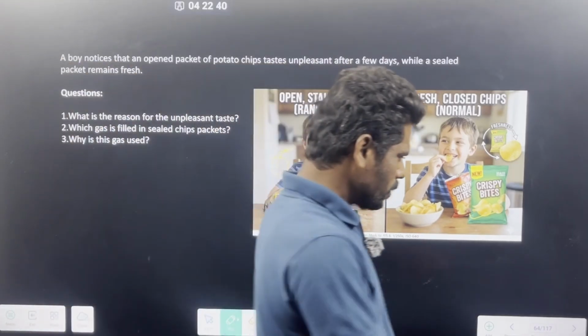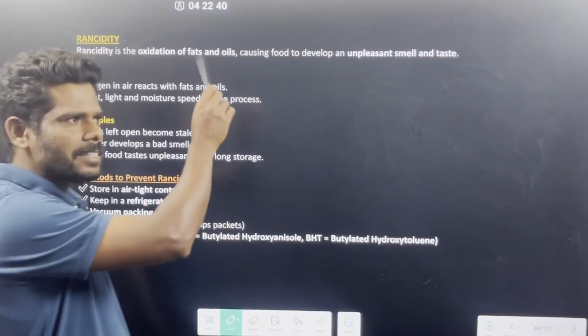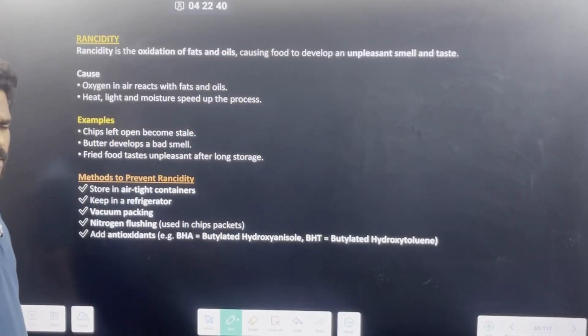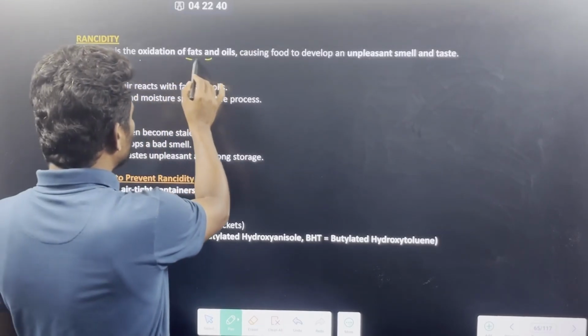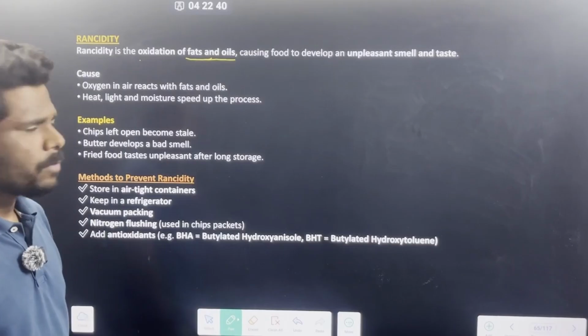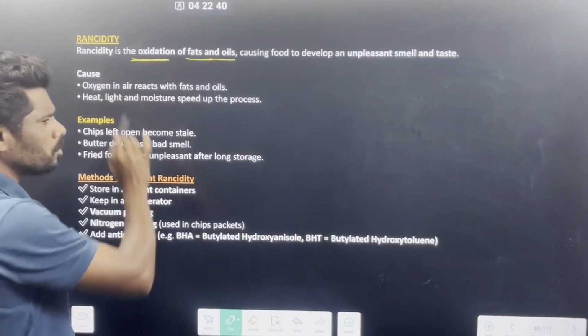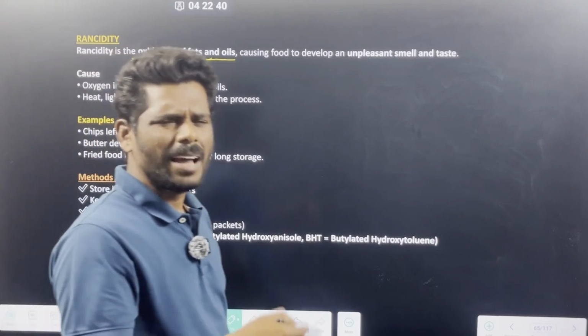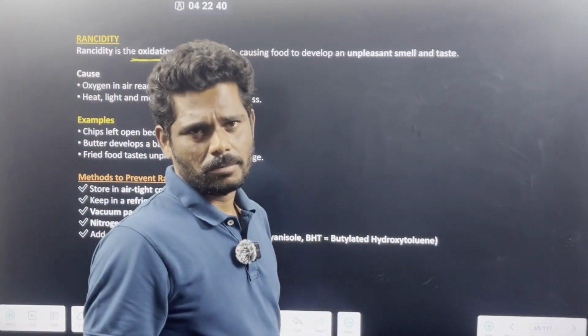To answer this question, we need to understand a concept called rancidity. What is rancidity? Simple. The foods which contain fats and oils, in solid or liquid form, when they are exposed to atmospheric air, I mean oxygen, undergo oxidation.